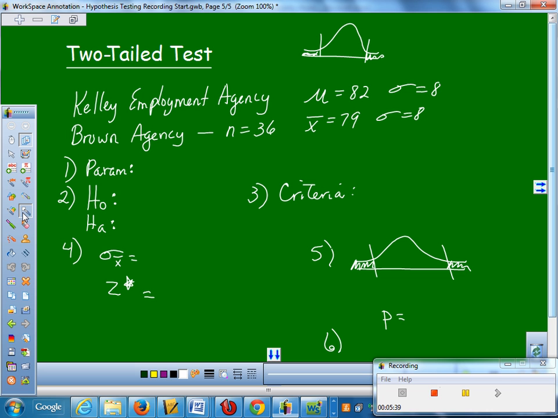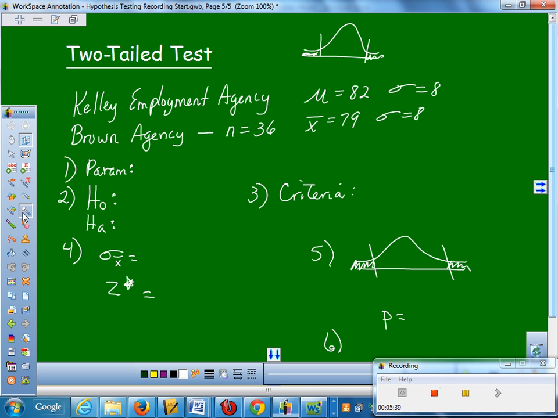So when they sampled 36 people, their test resulted in a mean score of 79 and a standard deviation of 8. But they're claiming that a mean of 79 on their test would be the same as an 82 on the other company's test. Well, businesses in the area want to know if that's really true, so they've asked for a statistical test.